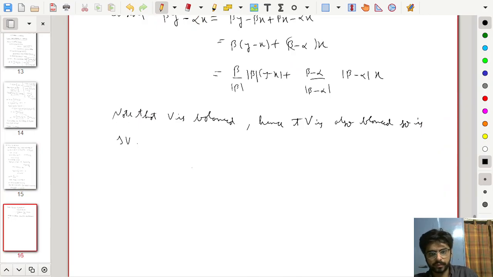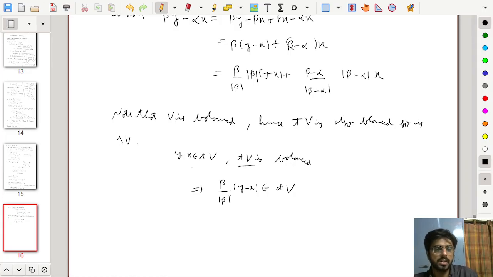So we have y minus x belongs to t times V and t times V is balanced. This implies beta by mod beta times y minus x belongs to t times V, because t times V is balanced.